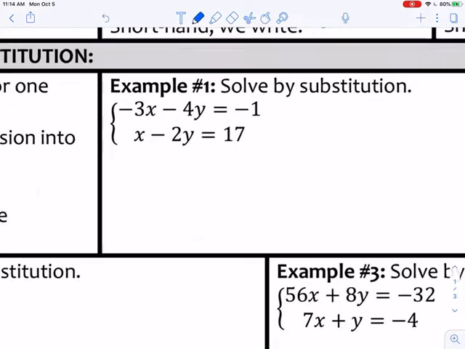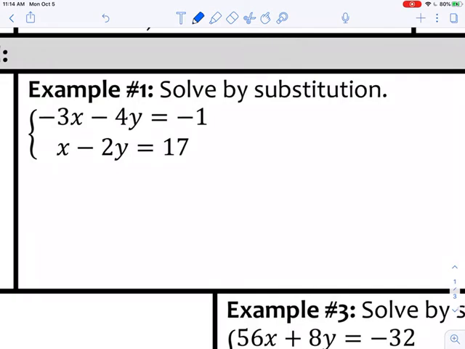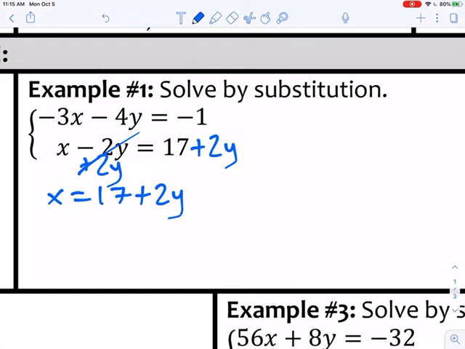So let's look at an example of this. I don't have any variables already solved for me, but when I see this and there's no number out in front here, that's my easiest one to solve for. So if I add 2y here and get rid of it and add 2y over here, I now know that x is equal to 17 plus 2y.